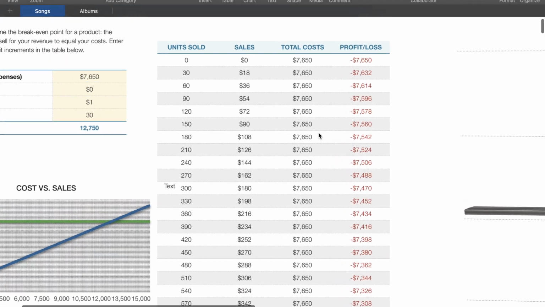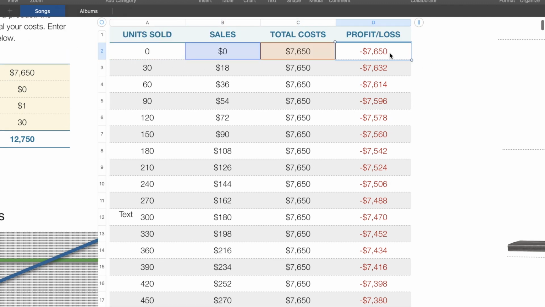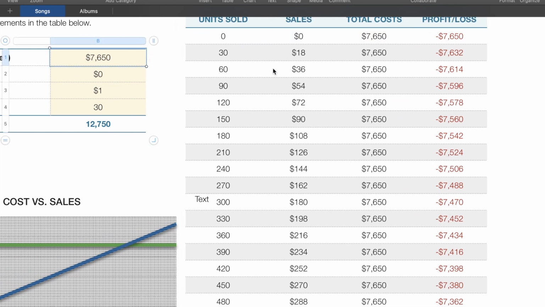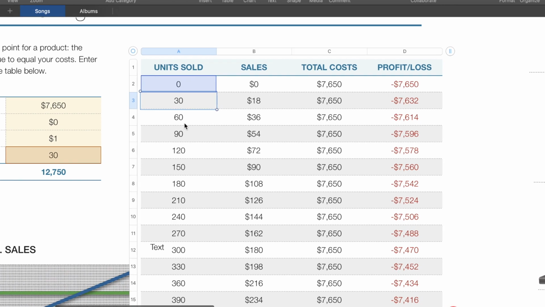So over here, you can check it out, right? Our total cost doesn't change because we make one song and not several songs. So here's our profit and loss. You see at 0 units sold, our loss is at 7,650, which is if we didn't make anything. Now, if we sold 30, okay, I made $18, and our loss goes down.